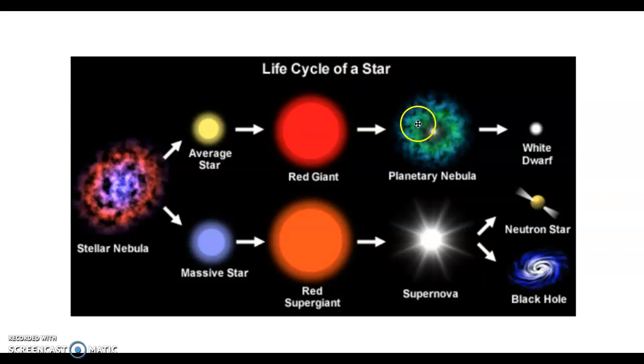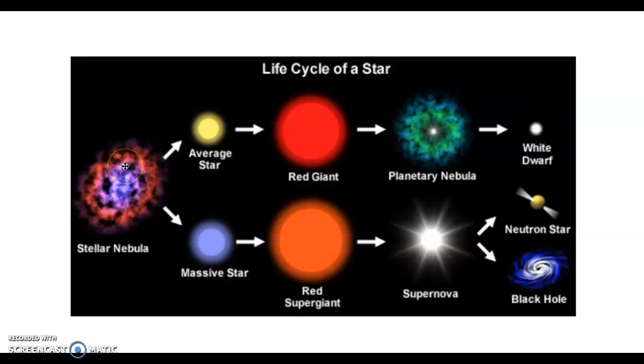Now, planetary nebula and stellar nebula do actually cycle into each other. It's this cloud of gas and dust which is left over after the death of a star, which creates new stars. Once that planetary nebula fades, you're left with a tiny white core, which is called the white dwarf. We'll talk about each of these stages in a moment.